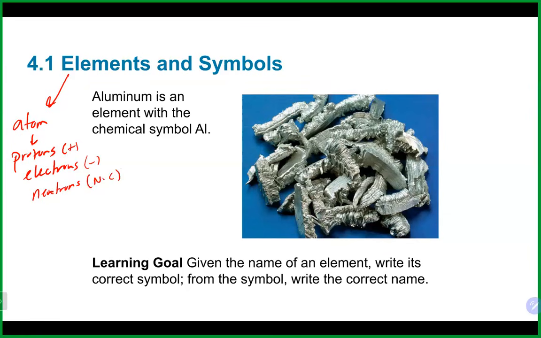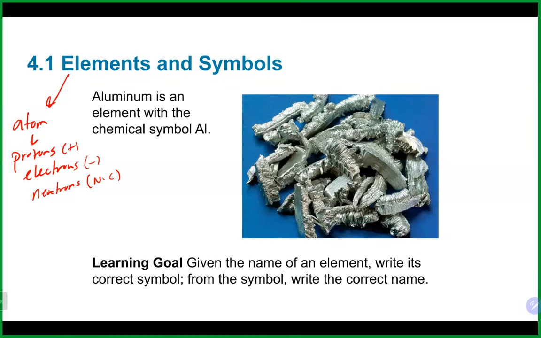Now, when we write our symbols for our elements, they really are one of two ways. They may be a one-letter symbol, which, if they are a one-letter symbol, you do capitalize the letter.